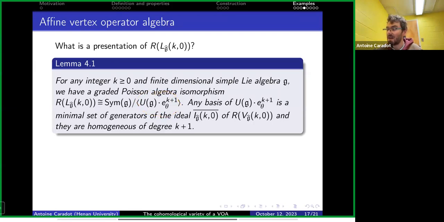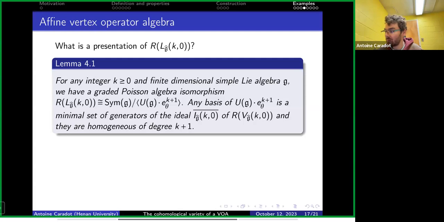And this is given by a basis of this space. Because this space, you can see it as a G module, so it's going to be a vector space, and as a vector space, it's going to be finite dimensional. And a set of minimal generators of the ideal will be given by this basis, so any basis.